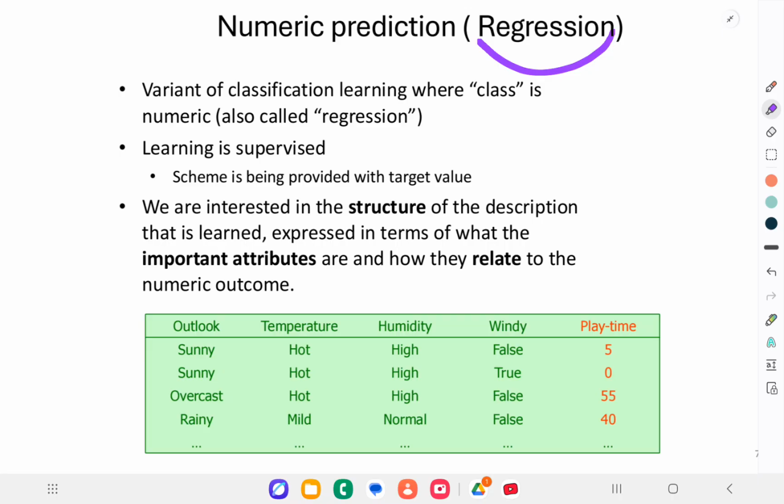And so we're not just interested in prediction here when it comes to regression. We are also interested in the structure the model learns. That means we want to understand which features are most important for making predictions, right? How do those features relate to the outcome? Is the relationship linear?